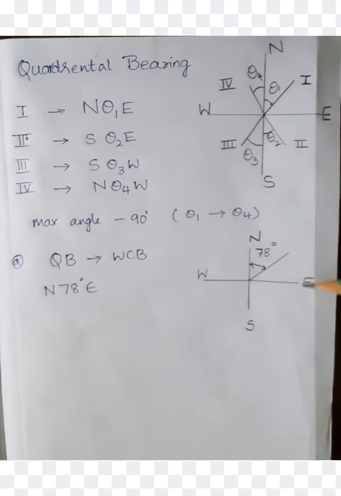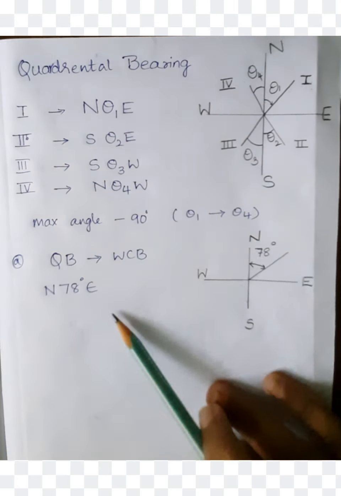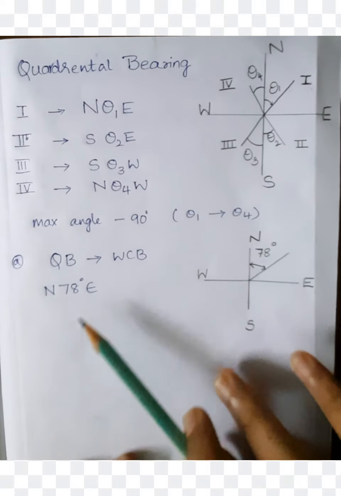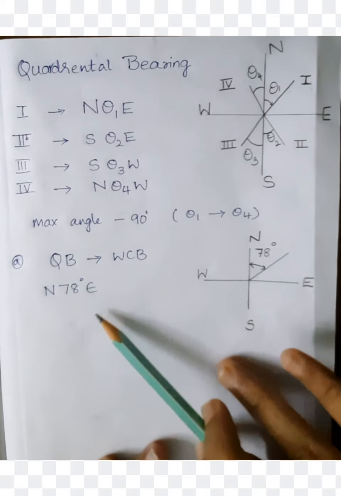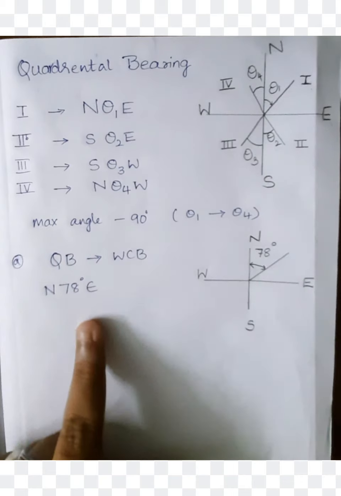So this theta 1 angle is 78 degrees from north, north 78 degrees east. I have to convert this angle into a whole circle bearing system angle.